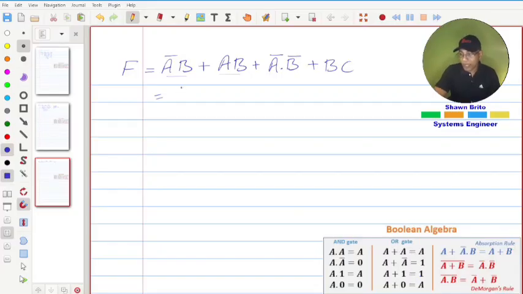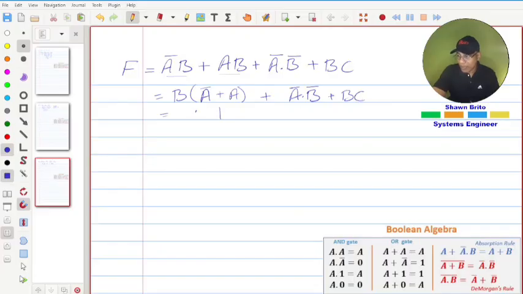So I can take the B out, and what I'm left with is A bar plus A, which I know is equal to 1. I'll leave the rest the way it is because it needs to be simplified later.